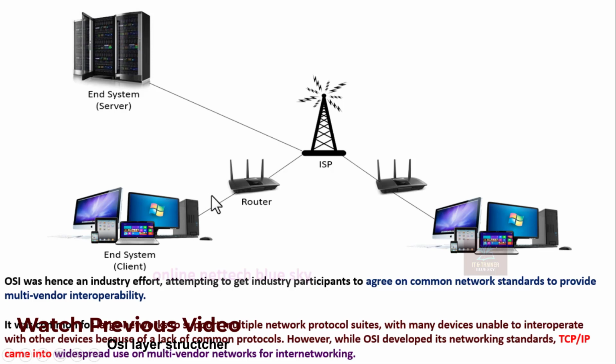This is the responsibility of the TCP/IP protocol. It identifies where your data is coming from and where its destination is. That is the main importance of the TCP/IP protocol.